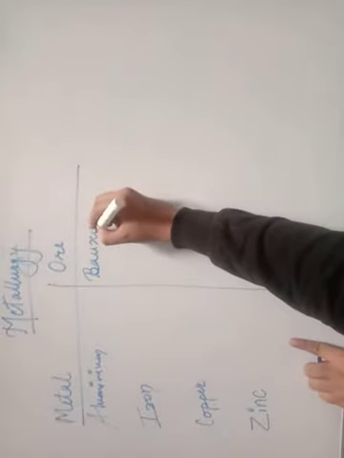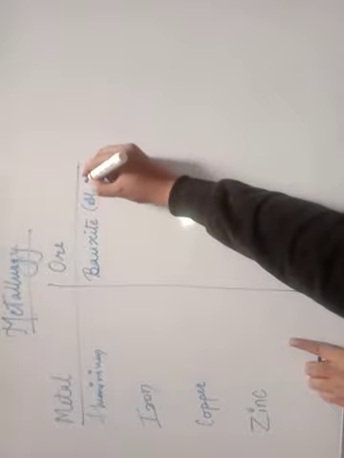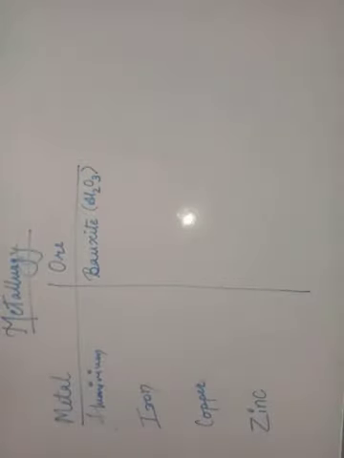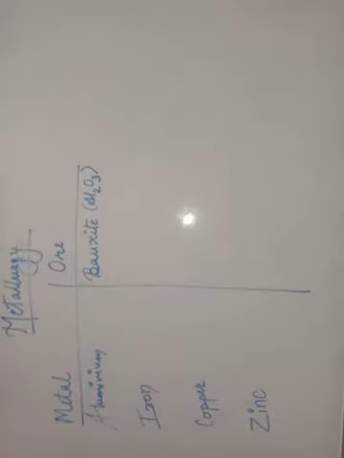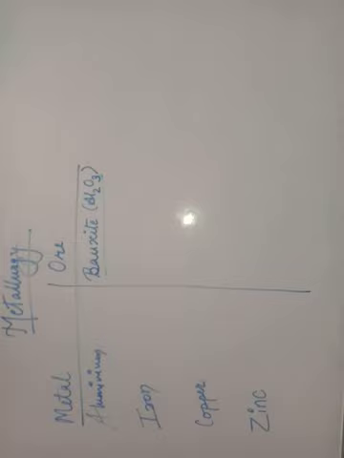This table you should learn for standard 8, and the formula of bauxite is Al2O3. You will study in senior classes how aluminium is extracted from Al2O3, but for this class you should know that the ore of aluminium is bauxite.